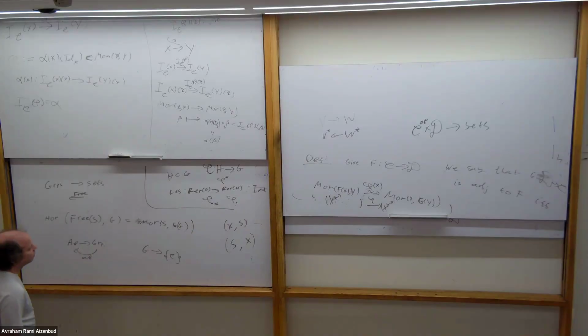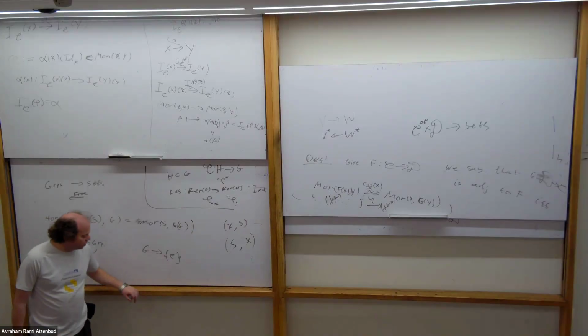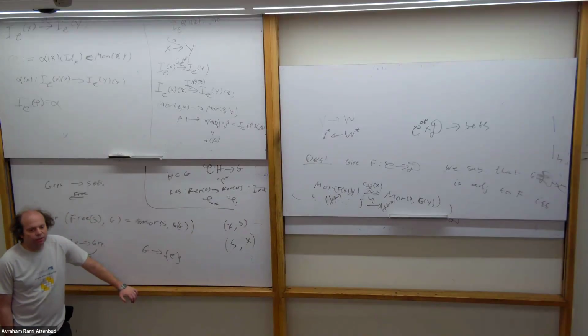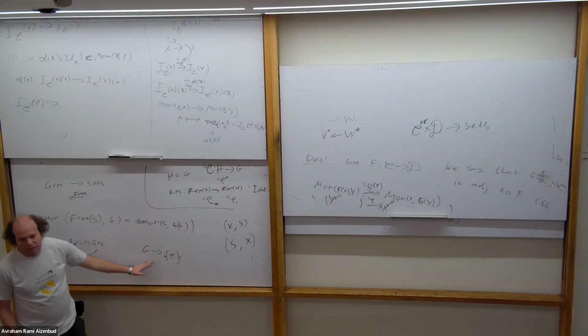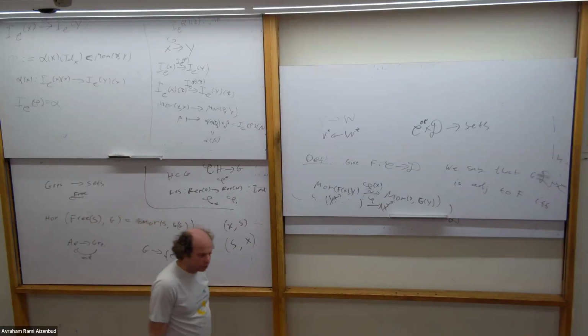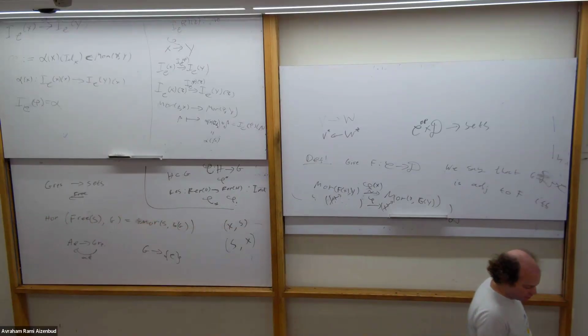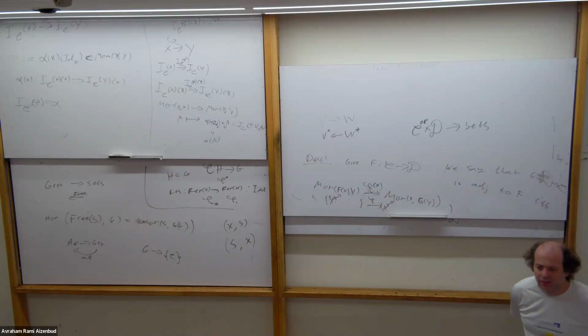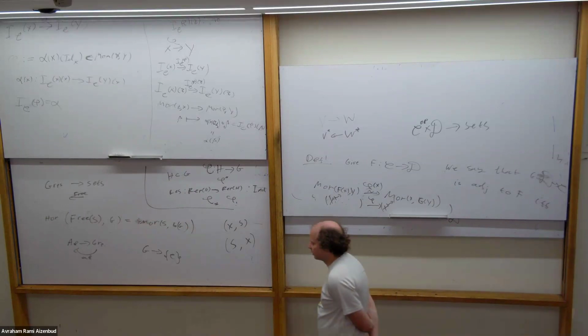And then you can ask what its adjoint is. It has two adjoints. We start with a representation and want to get a vector space, but this is not a forgetful functor. You want to get something with trivial action.